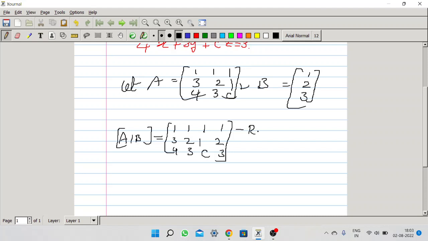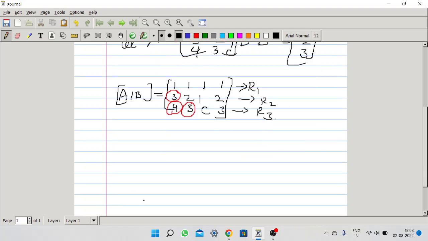Let me call this row 1, this row 2, this row 3. To convert the matrix AB into row echelon form, firstly we will convert this element into 0, then this element, then this element. We'll make these three elements zeros, then we can say the matrix AB is in echelon form.